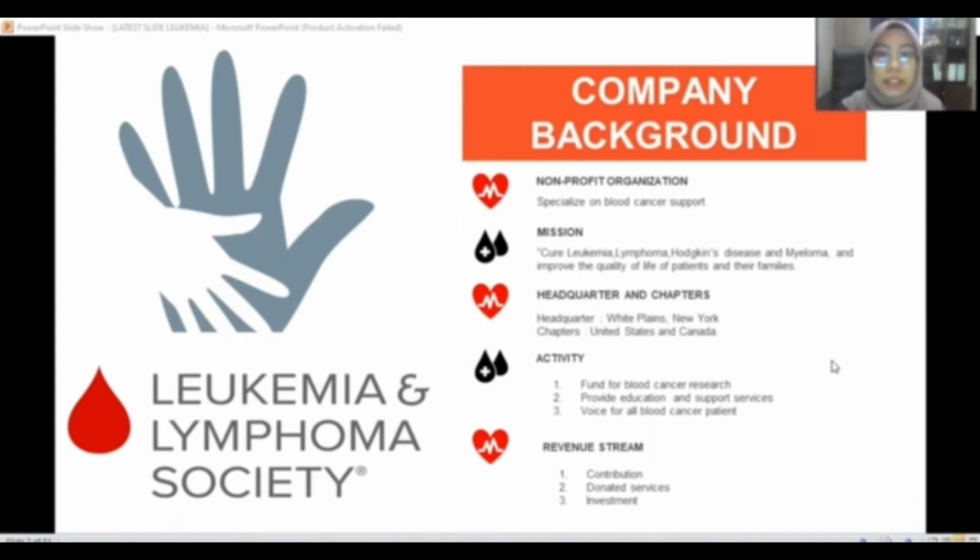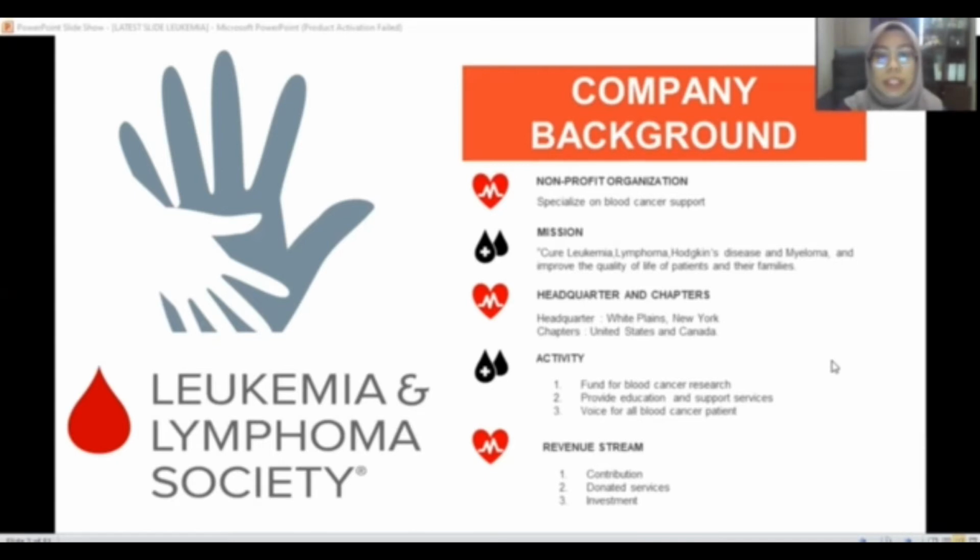Besides that, this NGO also did not conduct any centralized national marketing campaign. Corporate sponsors also contribute to LLS in terms of funding the patient program, licensing the logo, and selling products. This traditional method may reduce the capabilities of LLS to still compete in the competitive market.